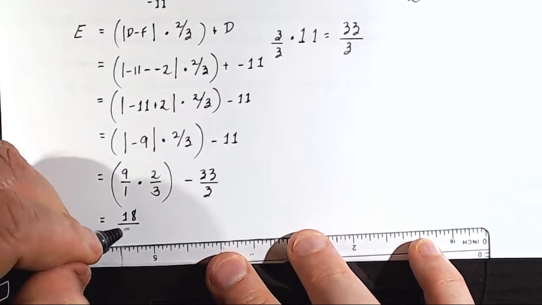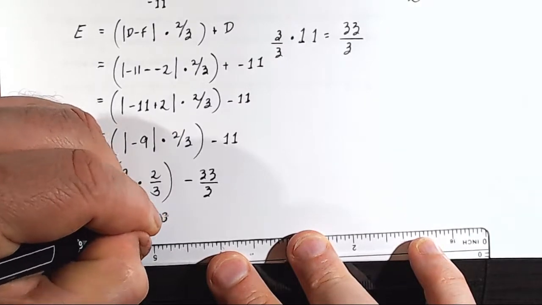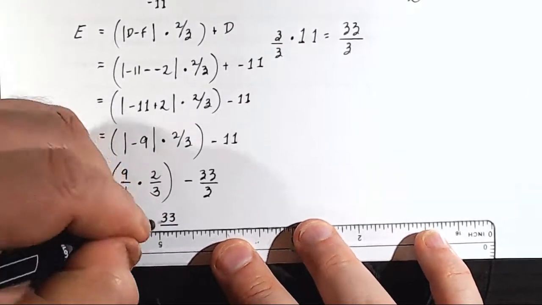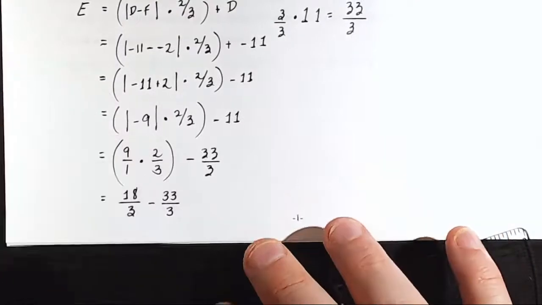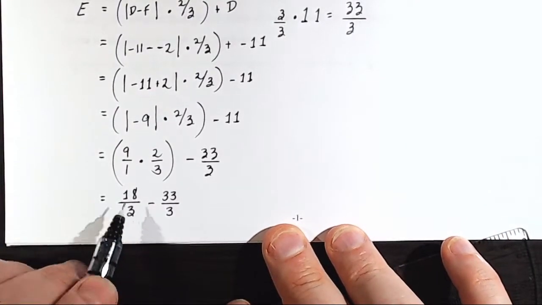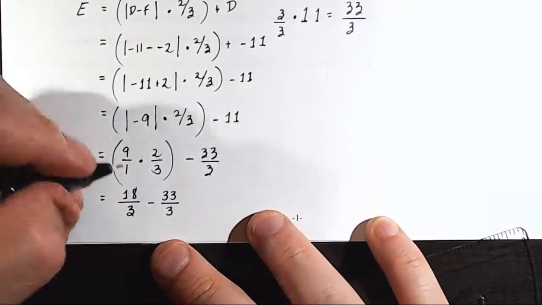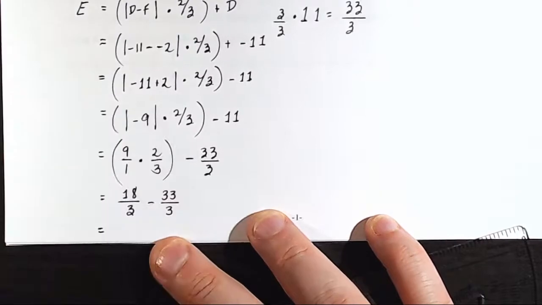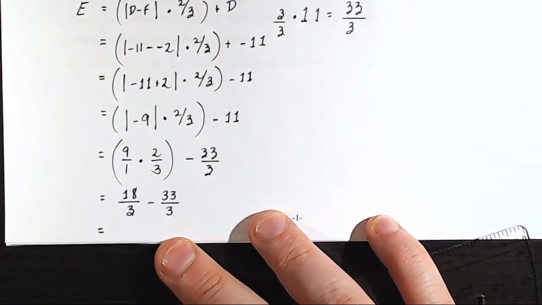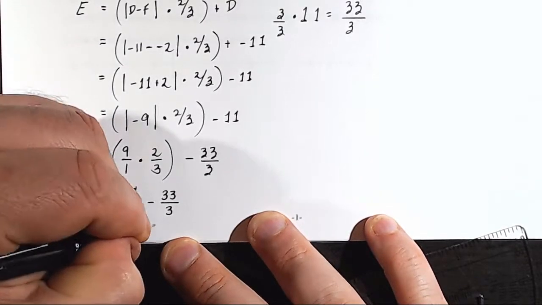So now I've got 18/3 minus 33/3, and something is screaming out at me right now, why don't you just make your life simpler and convert these into whole numbers? Because 18/3 is just 6, and 33/3 is just 11. So let's go back in here and go back to whole numbers. The numbers don't usually work out so neatly. We'll have 6 minus 11.